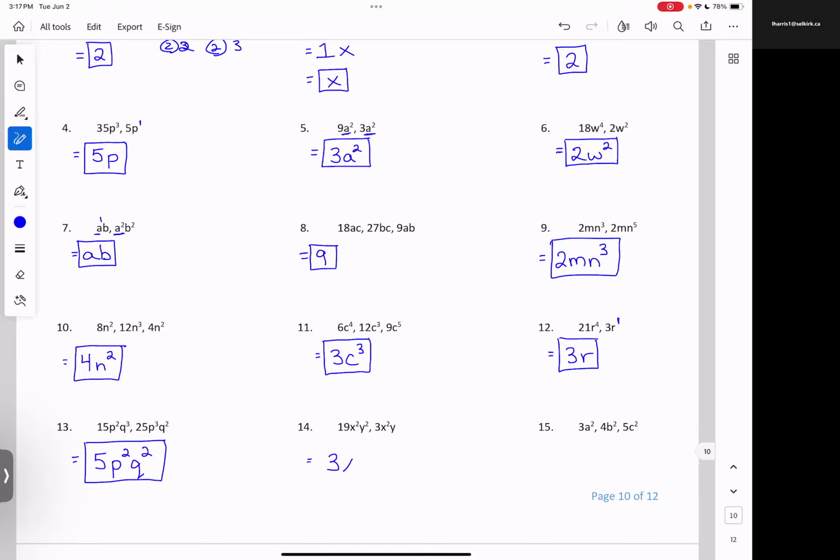We have an x squared in common to both of those. And we have a y squared and a y, so the highest power in common to both is a 1, so it would just be y. And the last one, the greatest common factor of 3, 4, and 5 is just 1. So we have a 1 out front. Then we have an a squared, a b squared, and a c squared. There is nothing in common. So our greatest common factor for 15 is just 1.